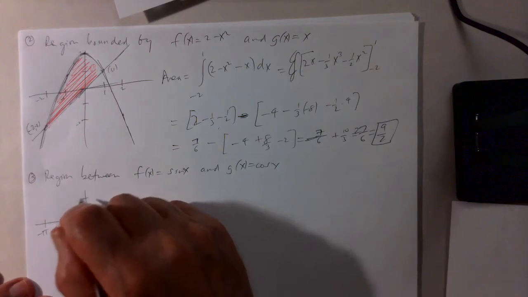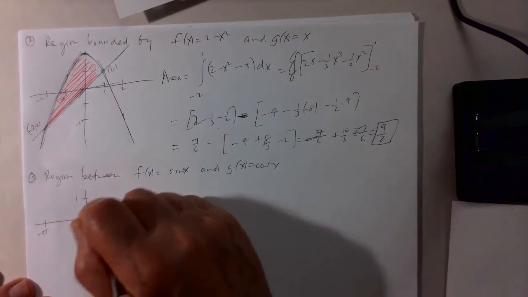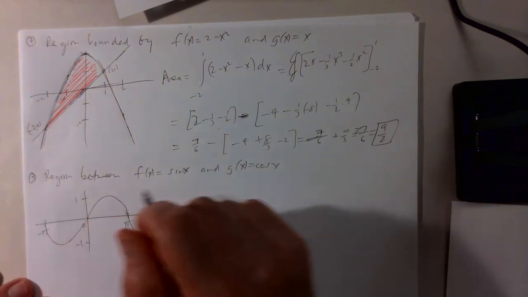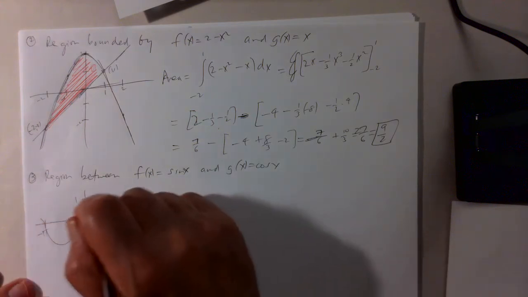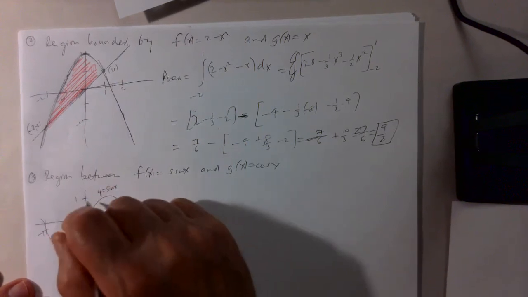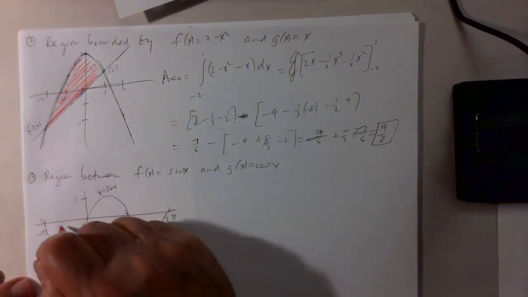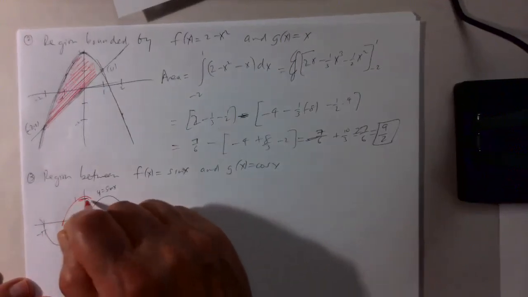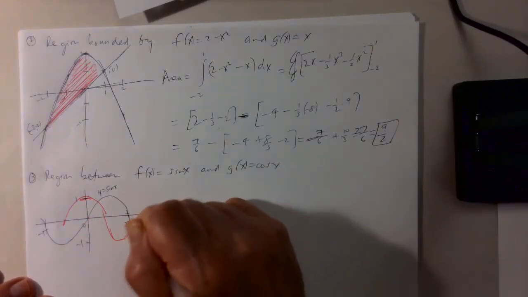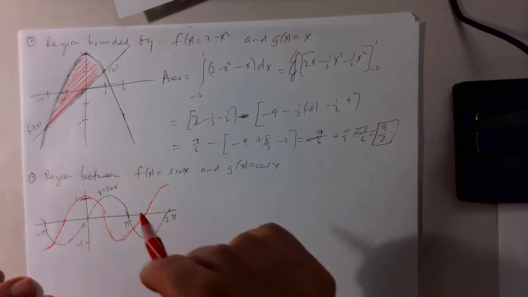They both go from minus 1 to 1. So the sine looks like that, y equals sine of x. And the cosine, let me draw that in red to make it a little bit clearer. Cosine looks like that.